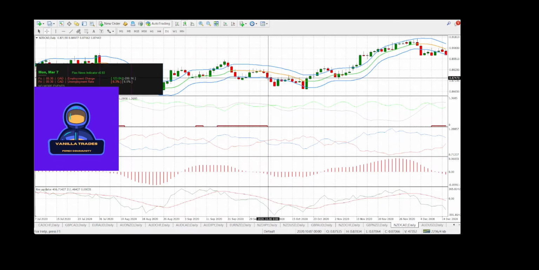Because we look at the end of the candle, so if you know how to read candles, you can know that for this red candle, price closes right about there. 80 pips. So what if it's been here? 120 pips.